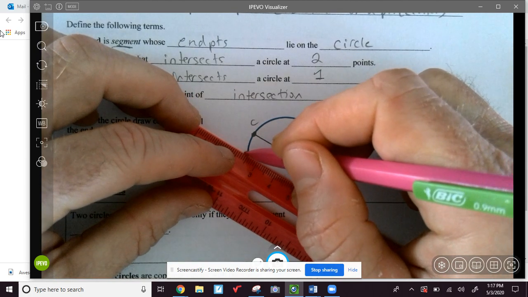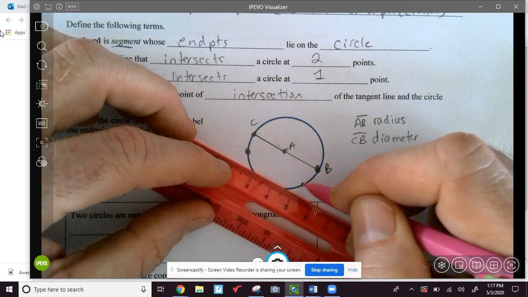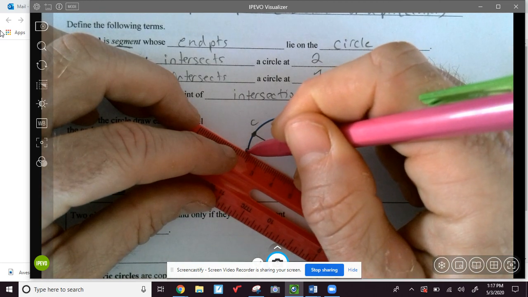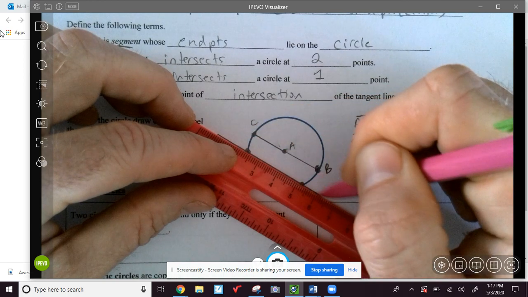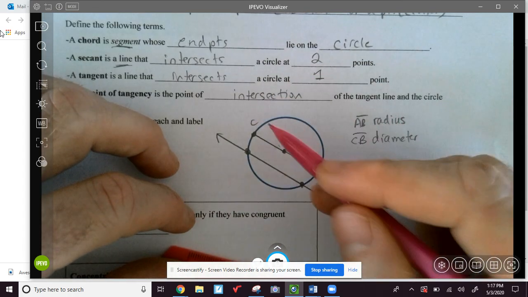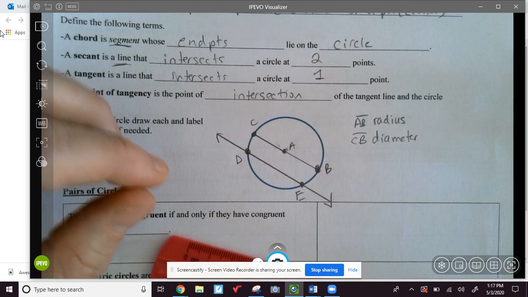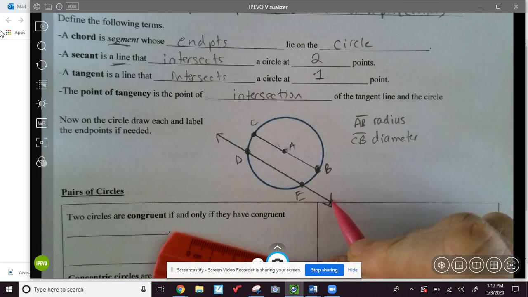So if I was to put a point here and put a point over here and then draw a segment, I want to draw a line. Draw a line through them, looks like that. So A, B, C, D, E. Okay. So what I have here, people mess up on this, so be careful.